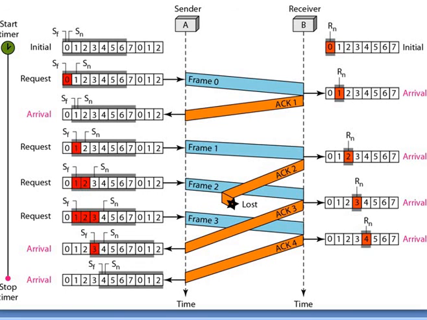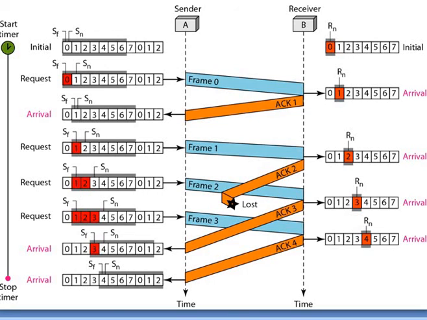Here one example is given. This is an example of a case where the forward channel is reliable but the reverse is not true. No data frames are lost but some acknowledgements are delayed and one is lost. The example shows how cumulative acknowledgements can help if acknowledgements are delayed or lost. After initialization, there are 7 sender events.